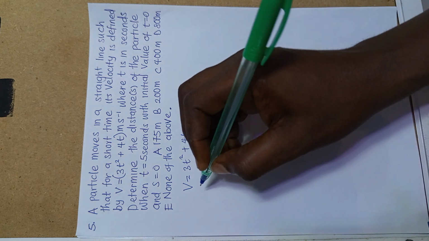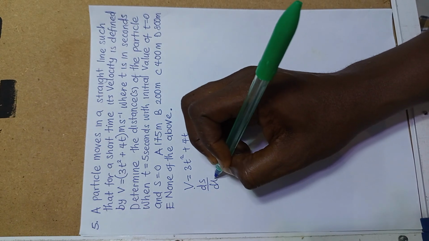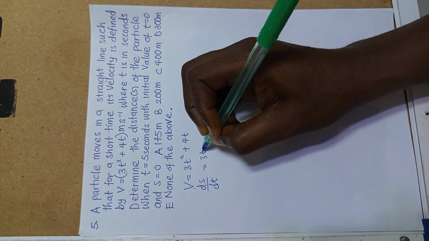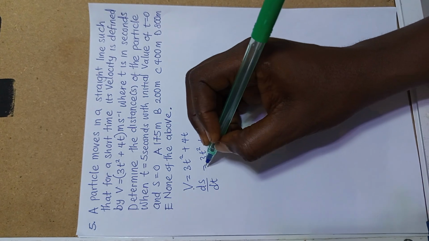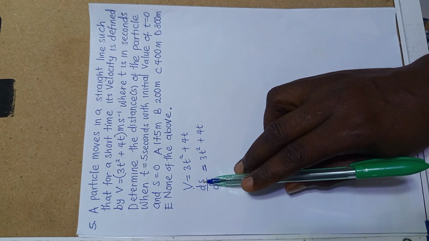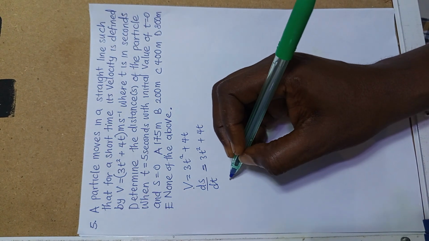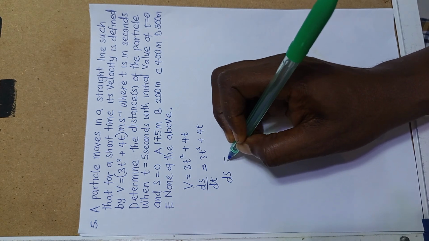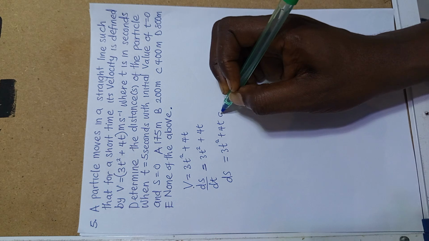For us to get distance, don't forget velocity equals ds over dt equals 3t squared plus 4t. That is what velocity is. Then this is a displacement. You can convert to distance: s equals the integral of 3t squared plus 4t dt.